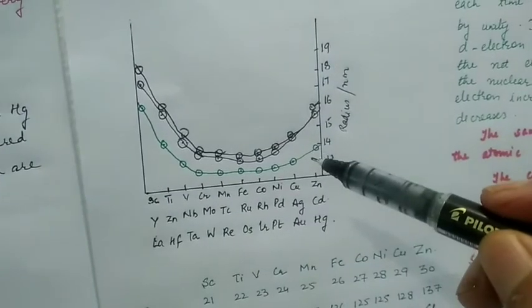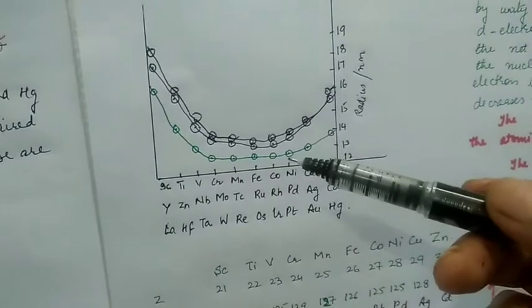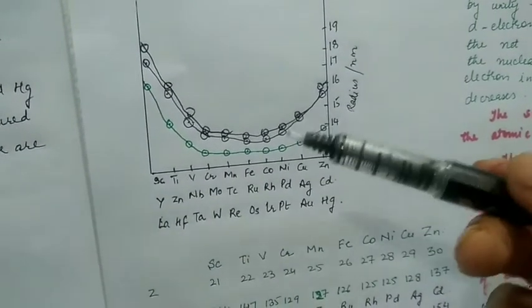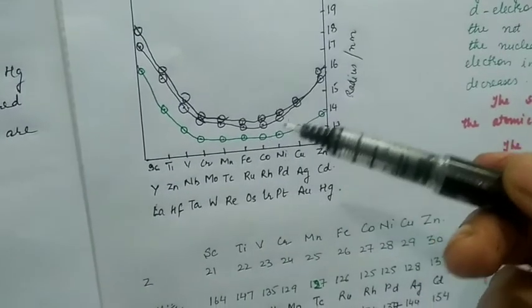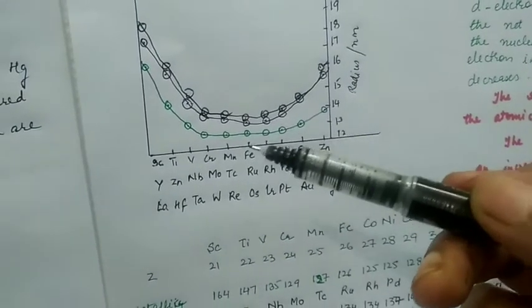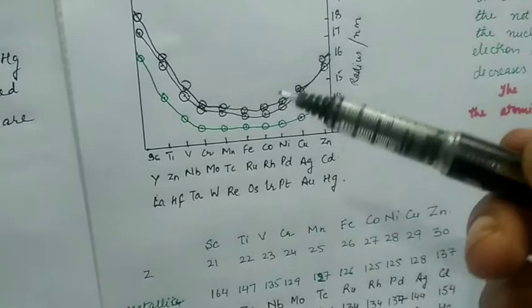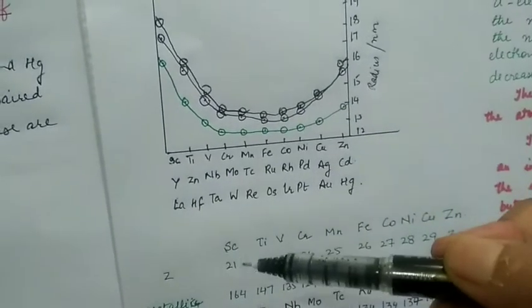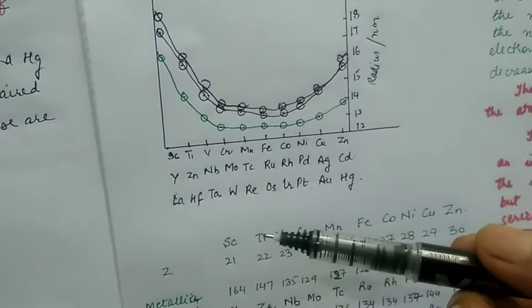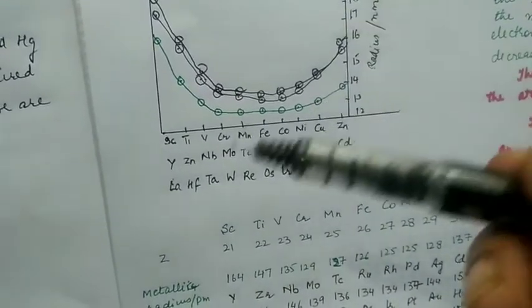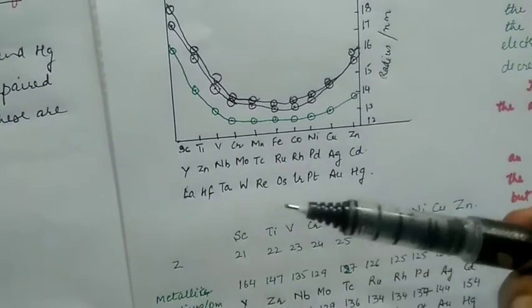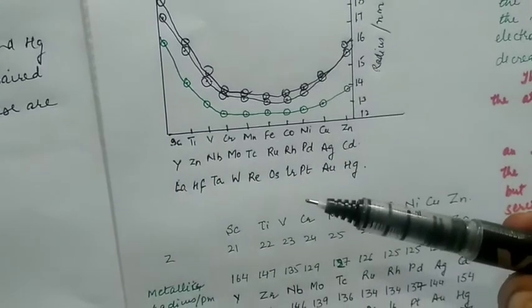Increased nuclear charge, new electron coming into a separate d orbital, so inter-electronic repulsion is not there, which would have increased the size. And also the d orbitals do not cause a very good shielding effect. Had there been shielding effect, then also the effect of increase in nuclear charge would have been compensated.